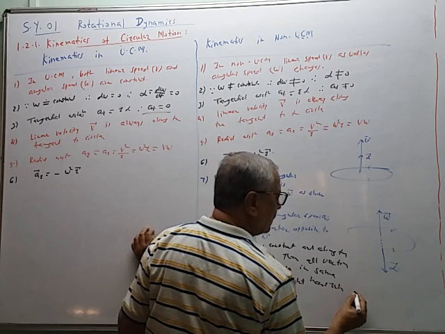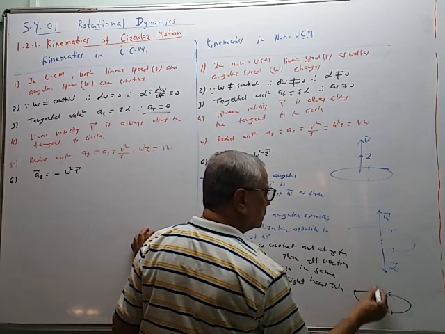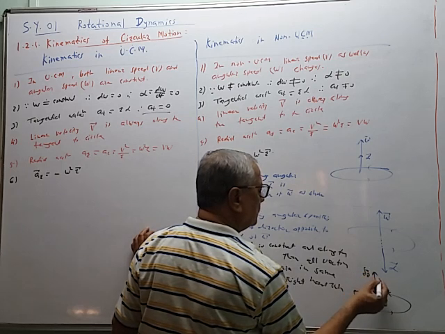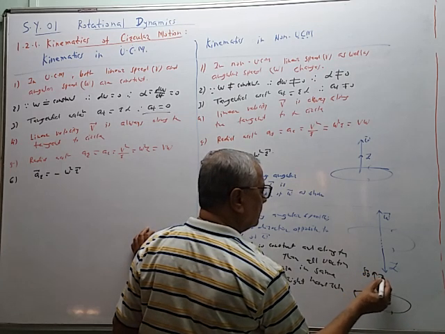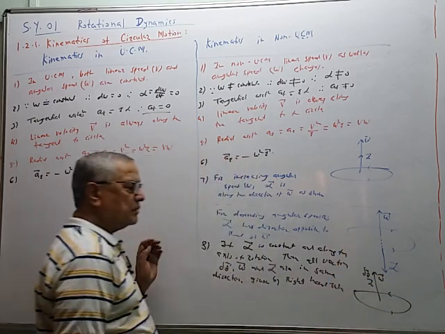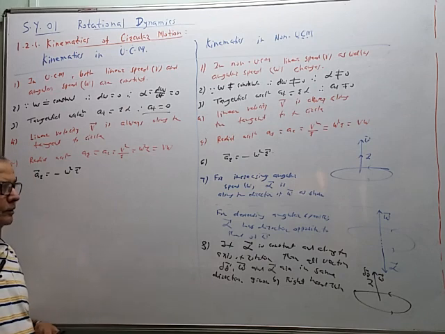So already we have drawn this figure. So this delta theta, omega and alpha are in the same direction along the axis of the rotation.